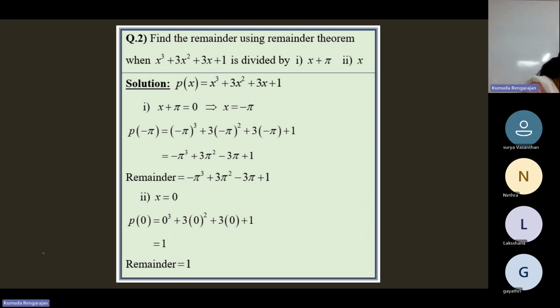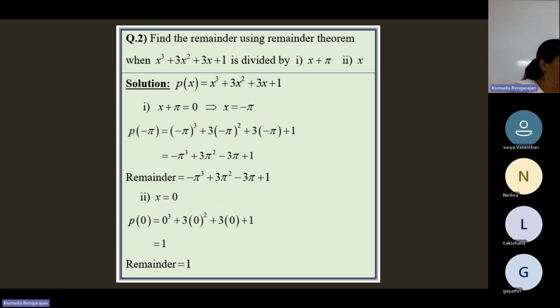Oh, but minus pi cube is fine. Then plus 3 into minus pi square, plus 1. What is minus pi the whole cube? You've written pi here. Minus taken 3 times is minus, right?